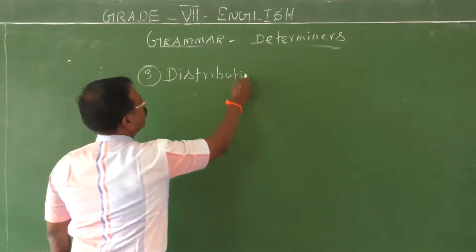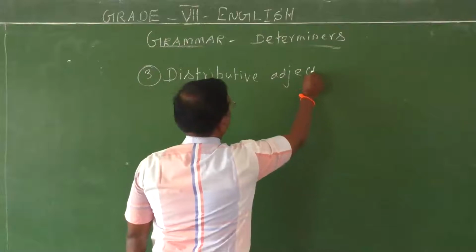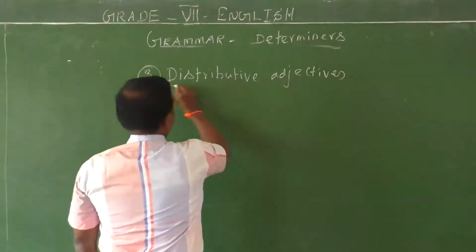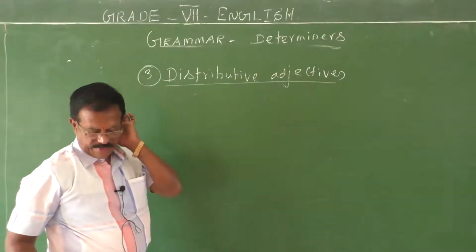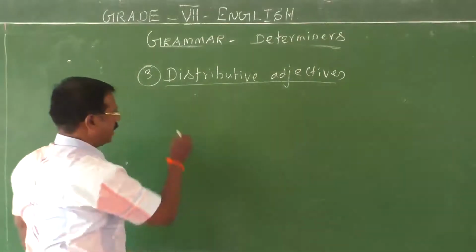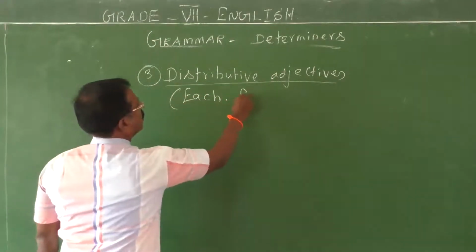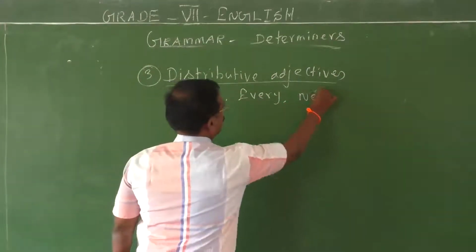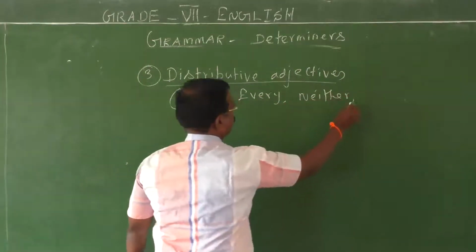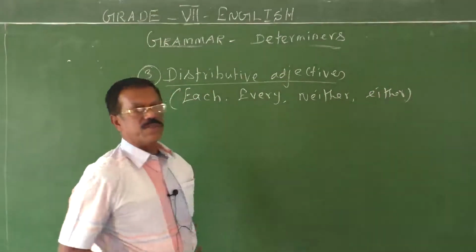Distributive adjectives: each, every, either and neither. So they are called distributive adjectives.